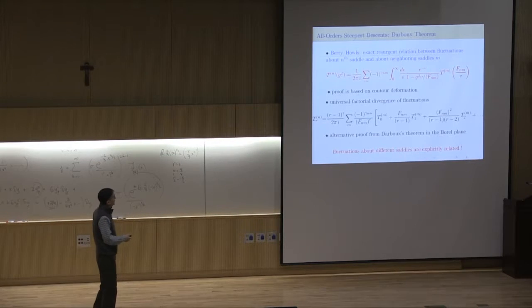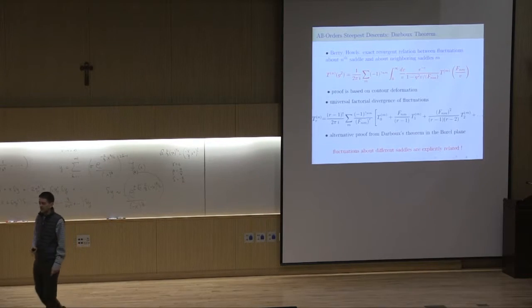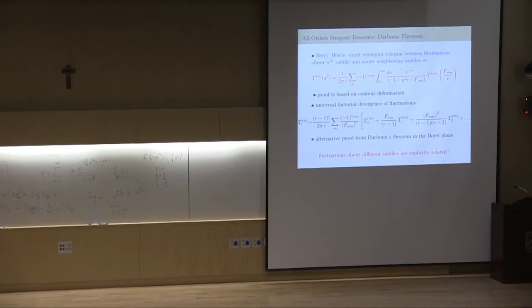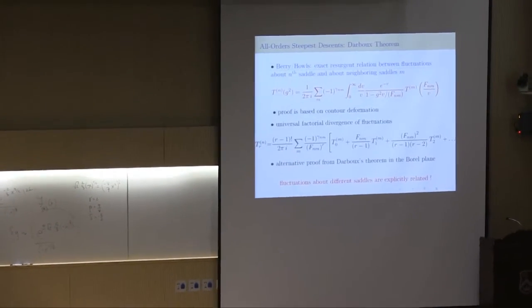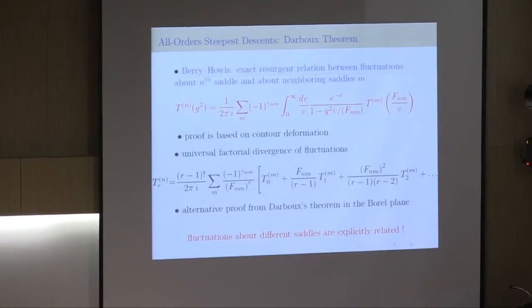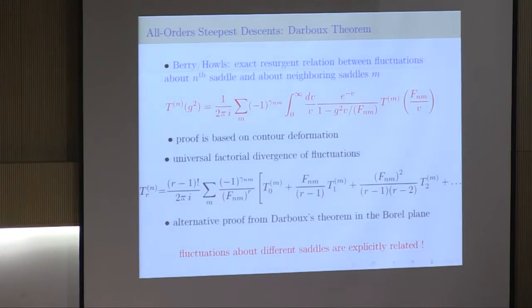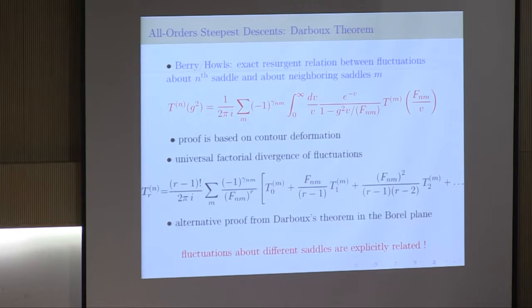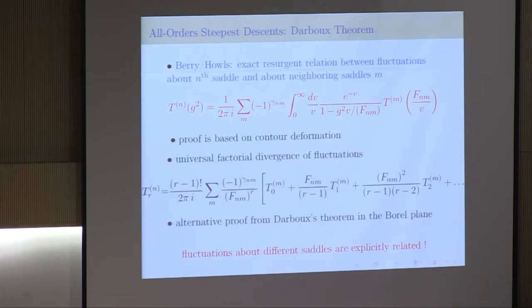So this formula here. In this case, we now have effectively an infinite number of saddles because it's a nonlinear equation, right? And this statement says that I can study the leading behavior and the subleading corrections from the contributions from the other saddles. Okay? So those are the differences between these exponentials. So they're just multiples of this. It's the only thing they can be.